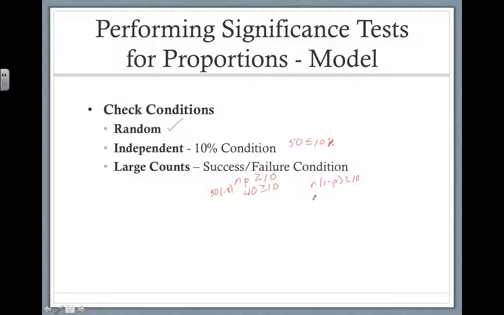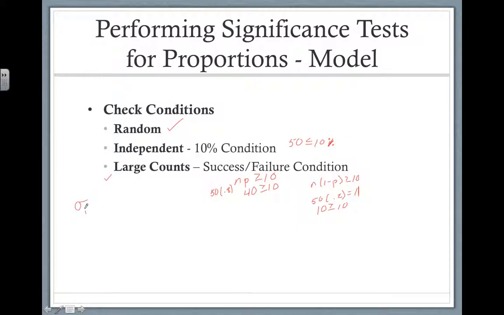Here it's 50 times 0.2, which is 10. It has to be greater than or equal to 10, so we're good on our large counts.